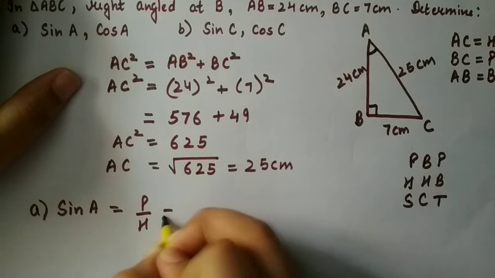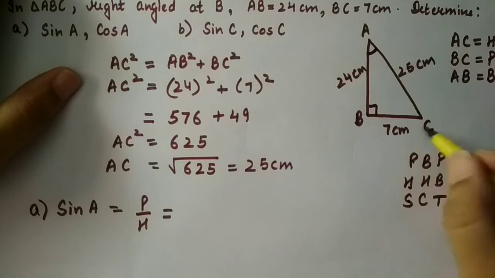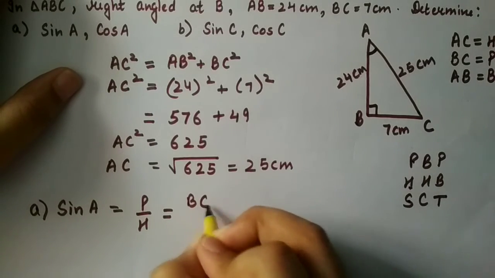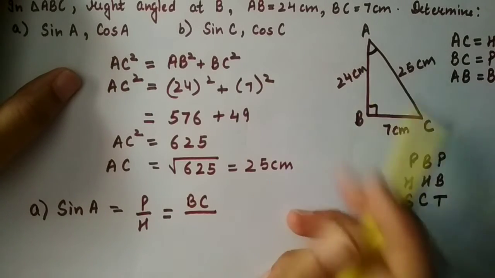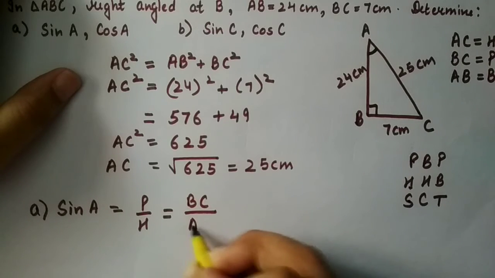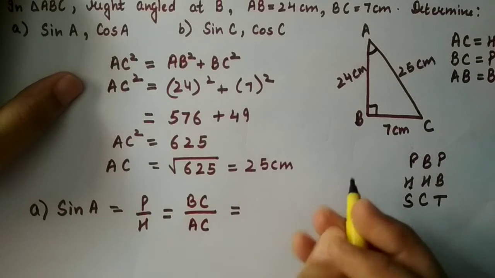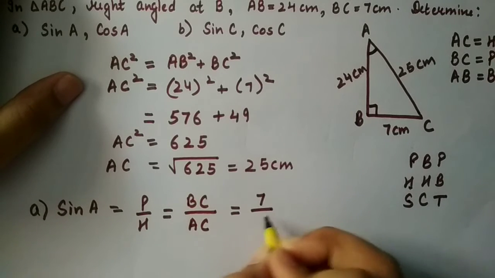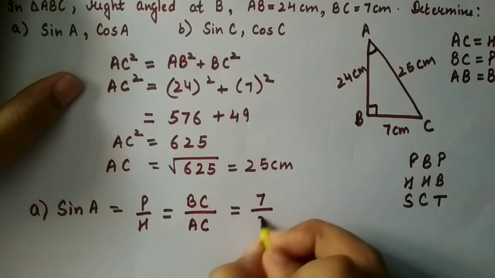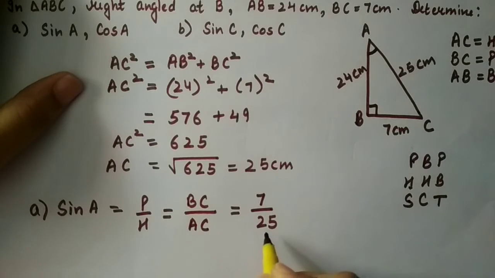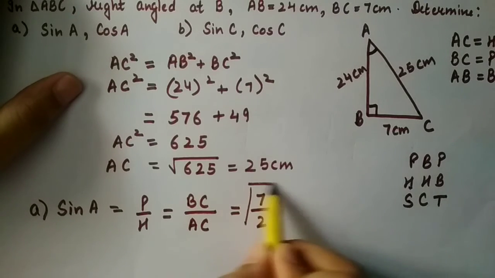Now here what is perpendicular? Perpendicular is BC. So it is BC upon hypotenuse AC. Now length of BC is given to be 7 and AC is 25. So 7 upon 25 is the value of sine A.